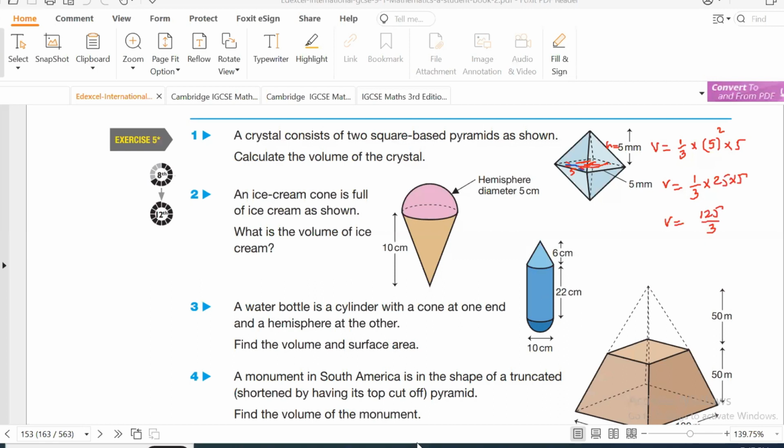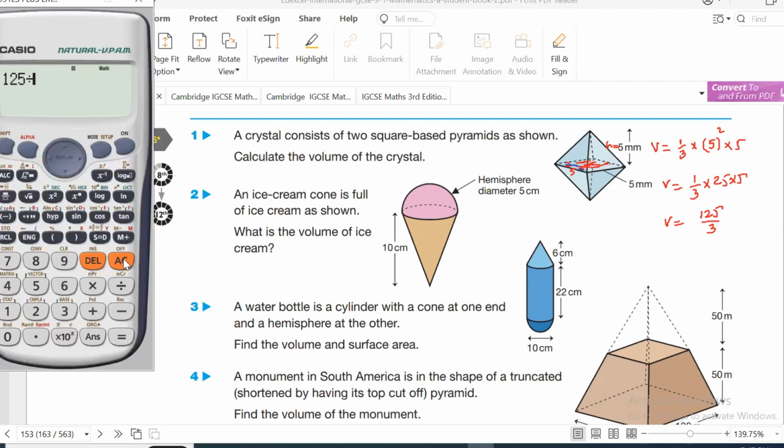If we check in the calculator, 125 divided by 3 is equal to 41.67. But remember that we have the down part also. This is only for the upper part, so multiply by 2.